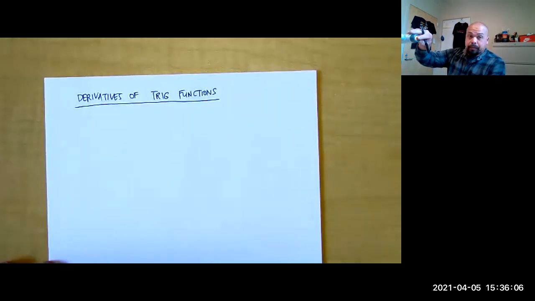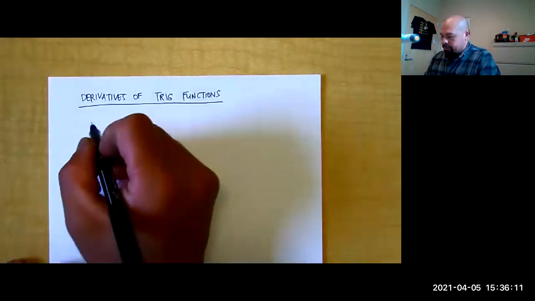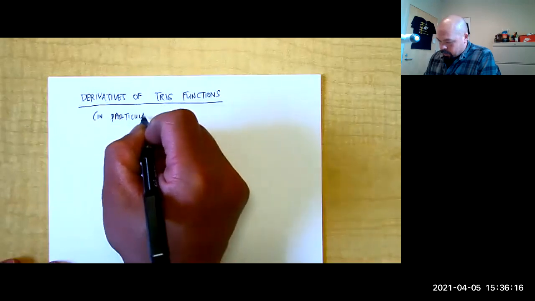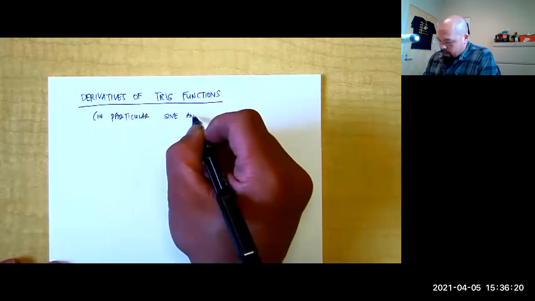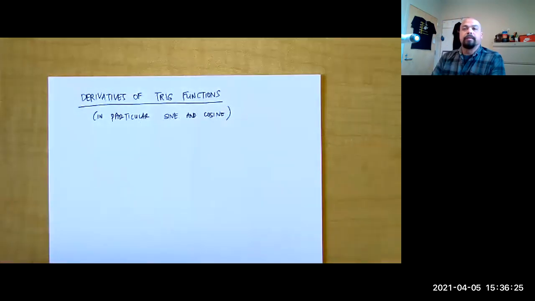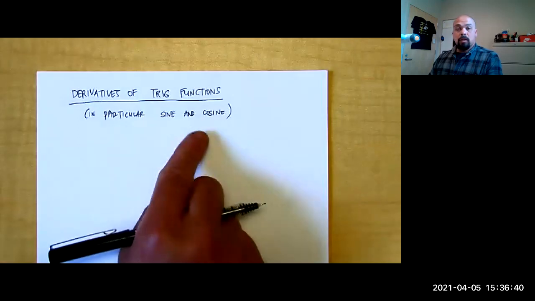All right. So for our derivatives of these trig functions, in particular the sine and cosine, and maybe from our trigonometry, we might recognize through our identities, reciprocal and ratio identities, that tangent, cosecant, secant, cotangent can be already written as sines and cosines, right?